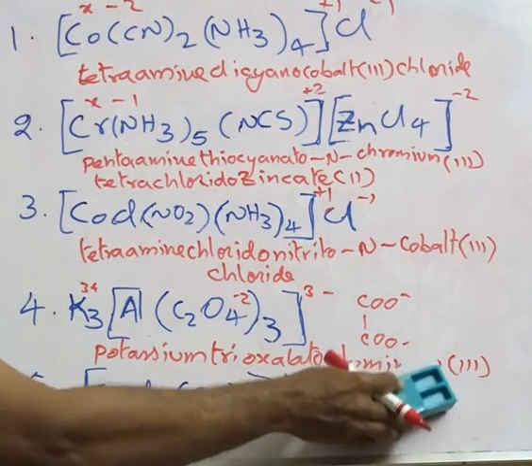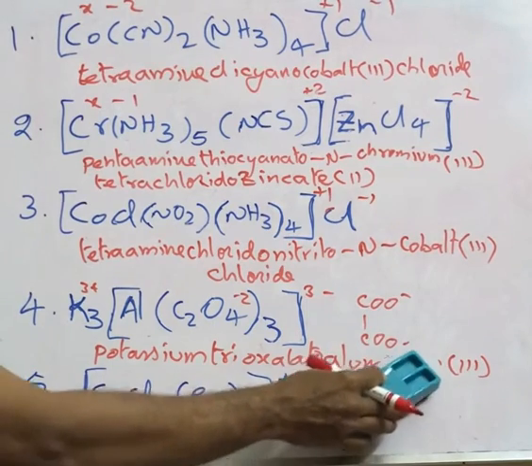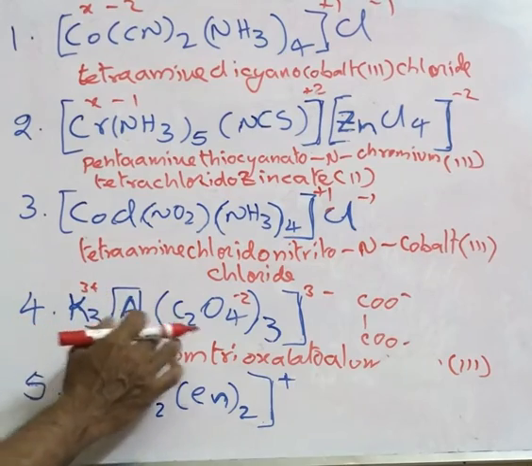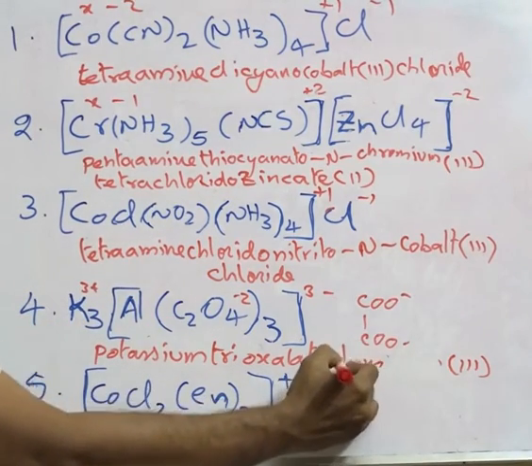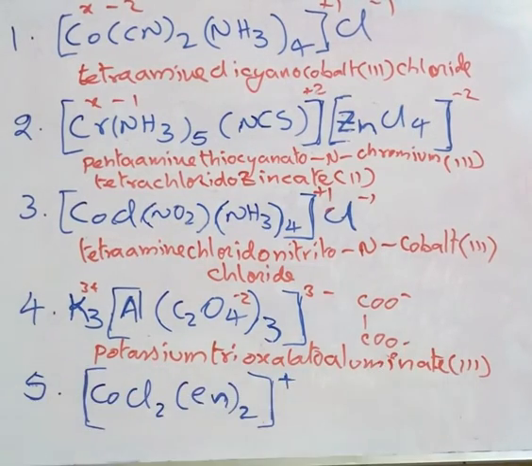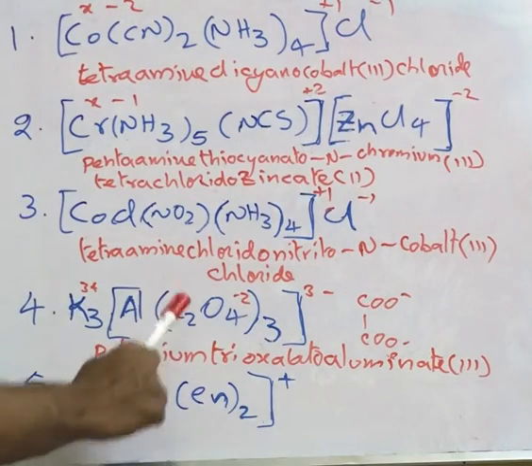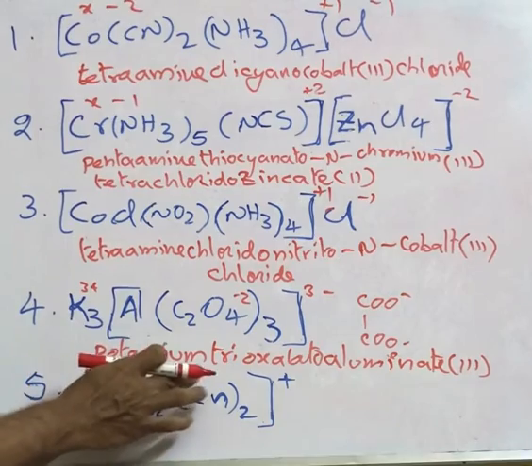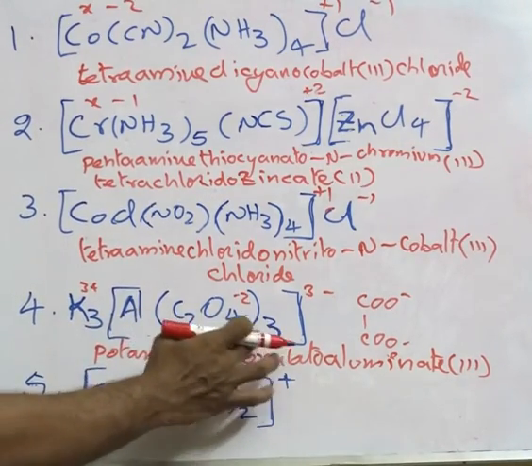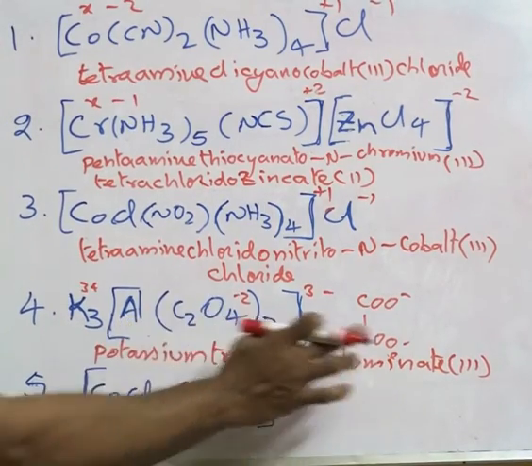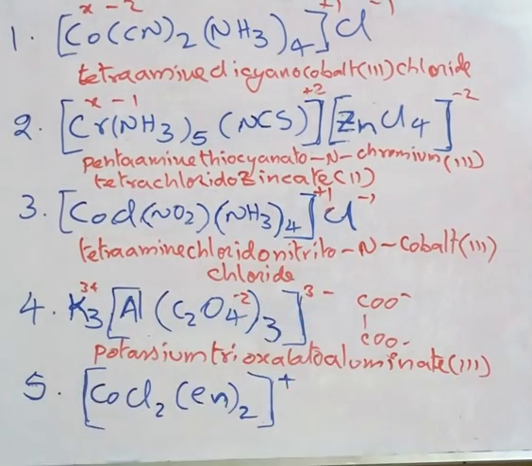Whichever anion comes, if it is an anion, the aluminum metal should be written as aluminate. Aluminate 3. Here we wrote zincate, here aluminate. So first the cation, potassium, then trioxalato aluminate, oxidation state 3, aluminate 3.